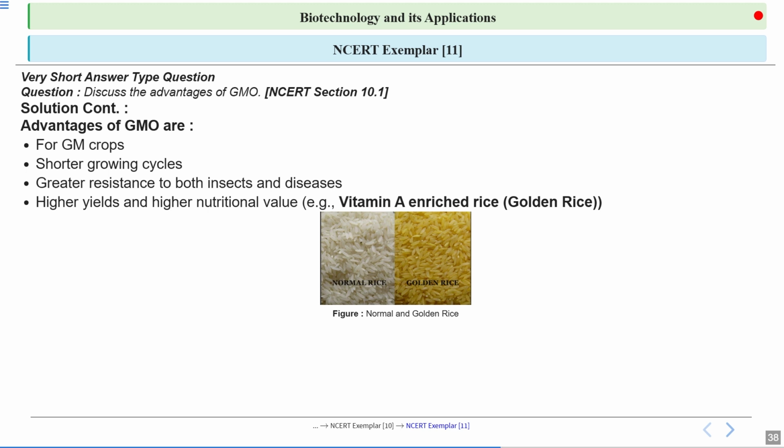If we talk about Bt cotton, Bt corn, they are resistant to many insects because of the Bt toxin gene. Then we can get higher yield, more quantity, and higher nutritional value. So these are the advantages of GM crops.